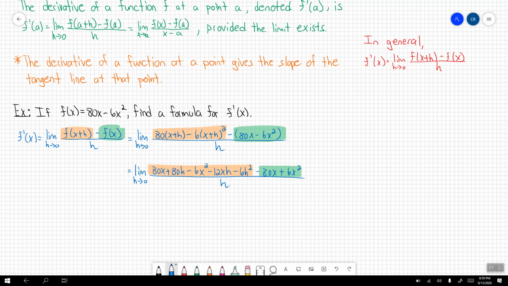So now I get to simplify certain terms. I have an 80x, and it cancels with the negative 80x. I have a negative 6x squared and a positive 6x squared, and they cancel, which means we're only left with 80h minus 12xh minus 6h squared, all divided by h.